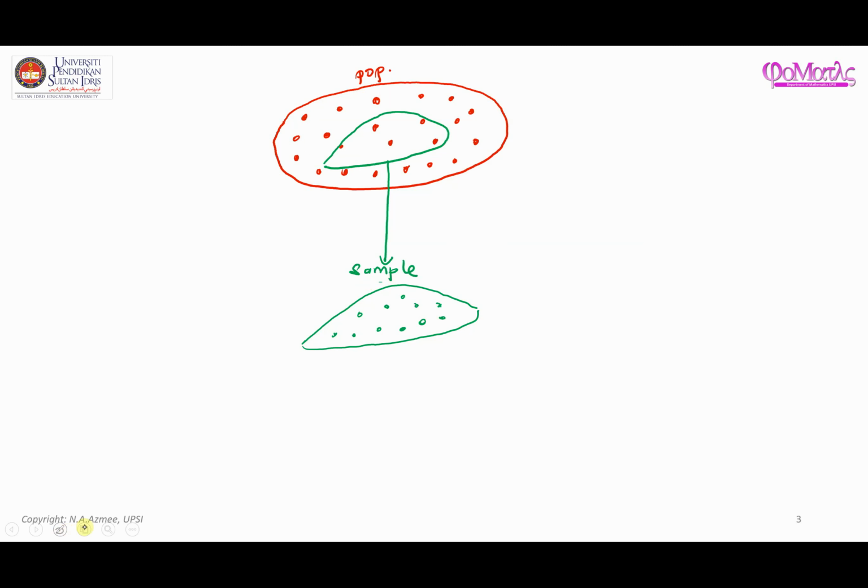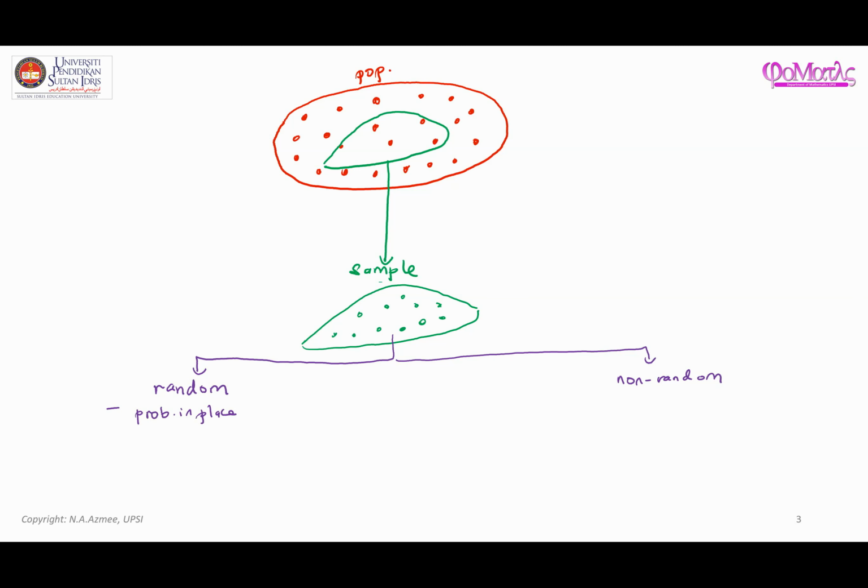A sample in general can be divided into two categories, broadly speaking. The first one is what we call the random sample, and the other one is sample that is non-random. When we talk about a random sample, basically we have the element of probability in place. The way we select our sample is based on some sort of probability.